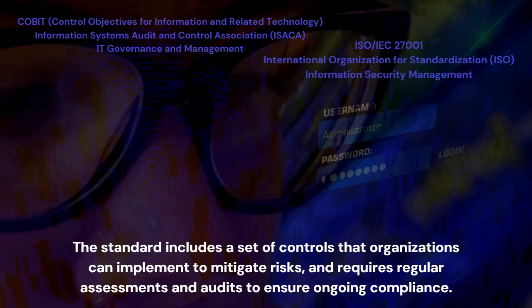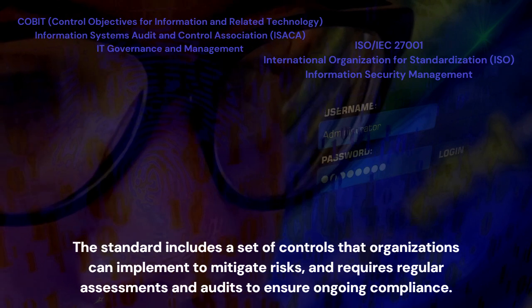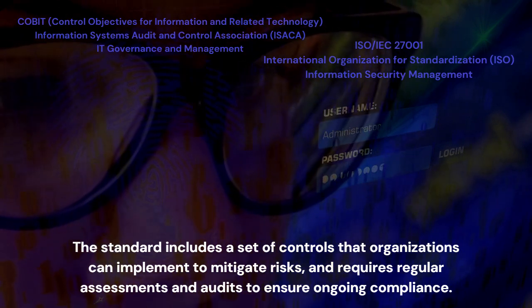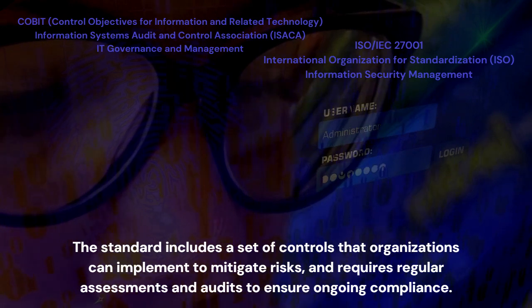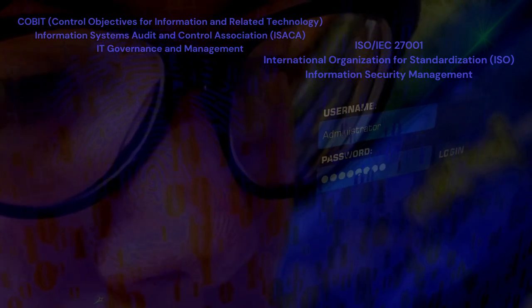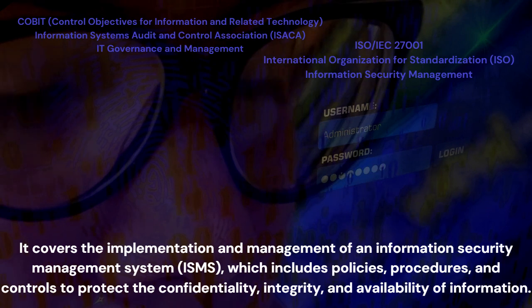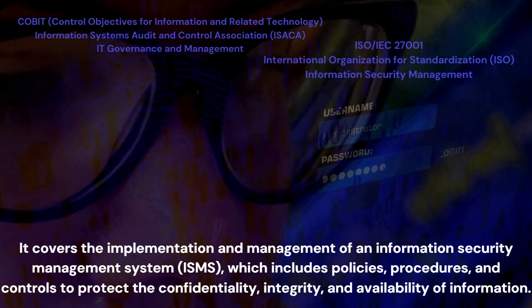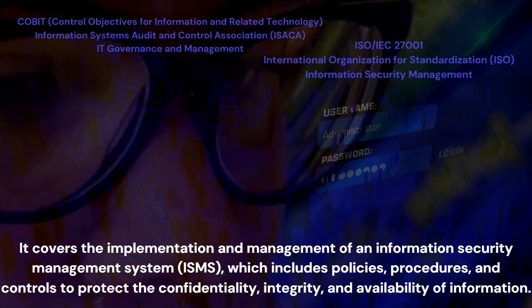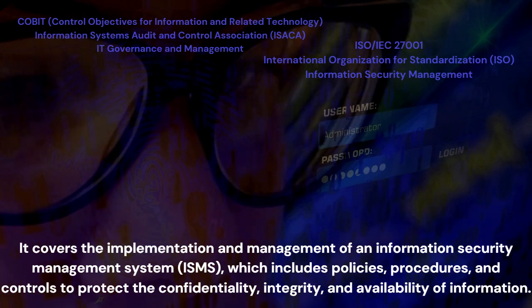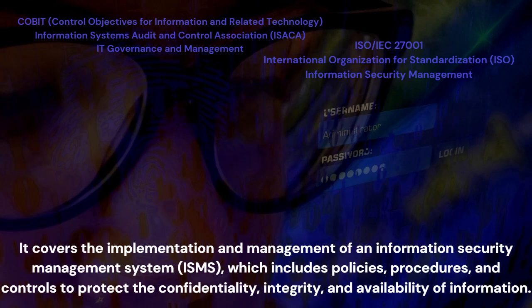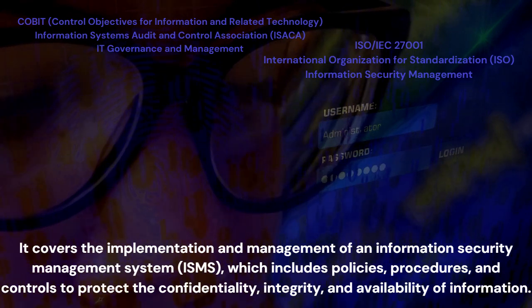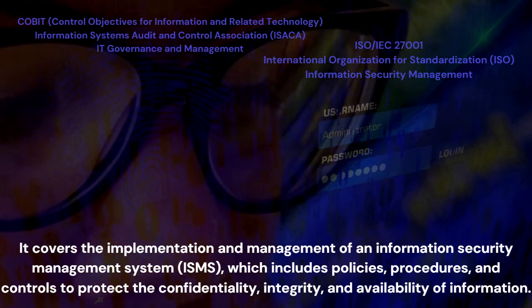The standard includes a set of controls that organizations can implement to mitigate risks and requires regular assessments and audits to ensure ongoing compliance. It covers the implementation and management of an information security management system, ISMS, which includes policies, procedures, and controls to protect the confidentiality, integrity, and availability of information.